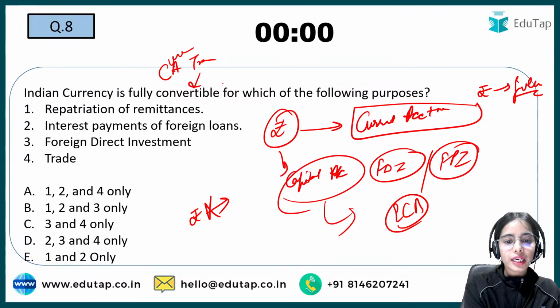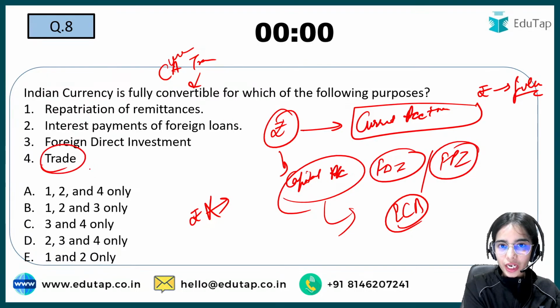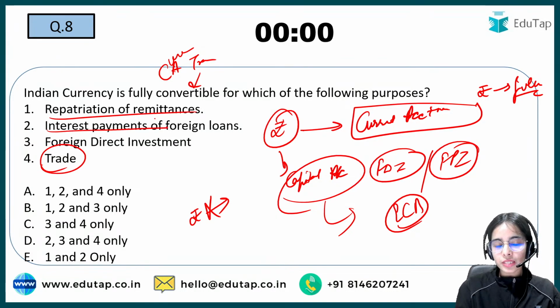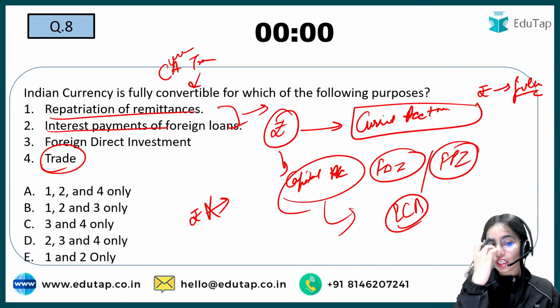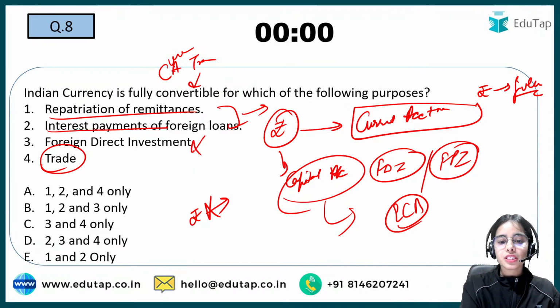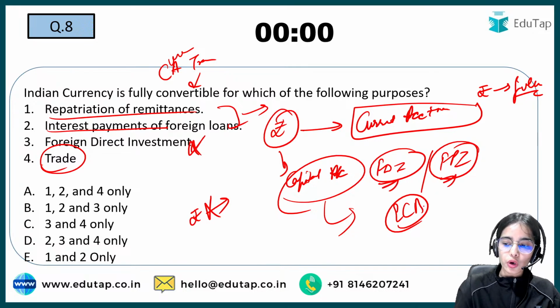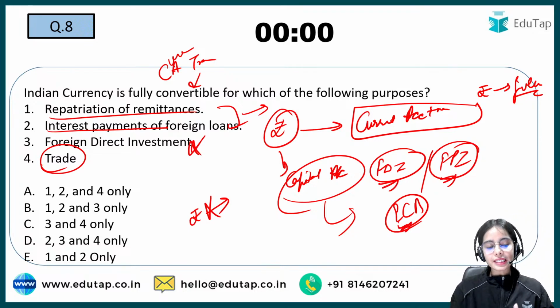For current account transactions, that means trade in goods, trade in services, transfer payments, interest payments, and income generated, the rupee is fully convertible. But for investment purposes, foreign direct investment, foreign portfolio investment, and liabilities, the rupee is not fully convertible.